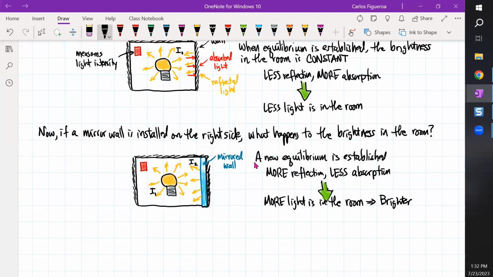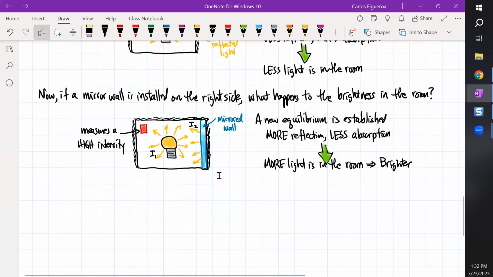So that means this measures a higher light intensity. Now, most people would say that because there's less absorption and more light being reflected, that's the reason for the brighter room.